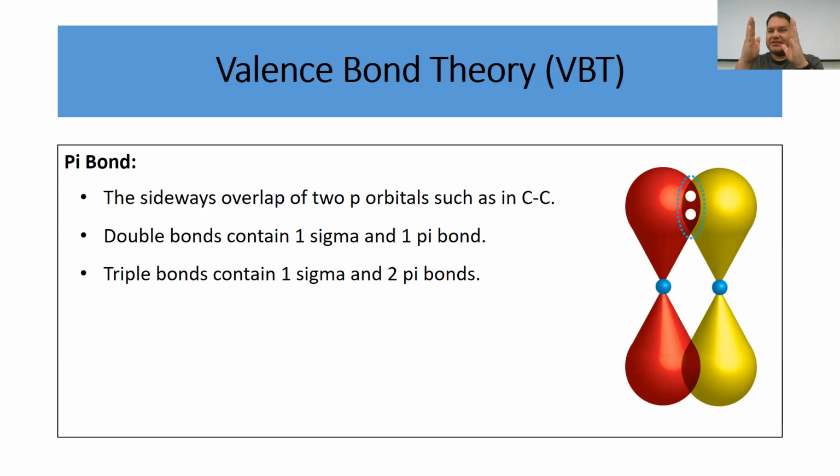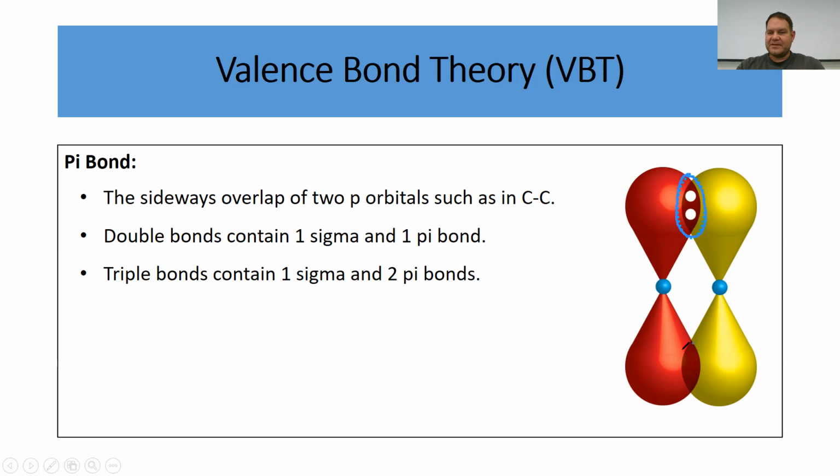Essentially, instead of head-to-head overlapping, they're going to do side-by-side overlapping, as indicated in this picture, where again we have a red p orbital and a yellow p orbital. They're both parallel, and they form this overlapping on the sides and not head to head.